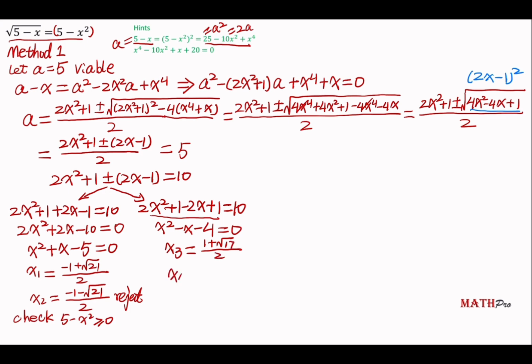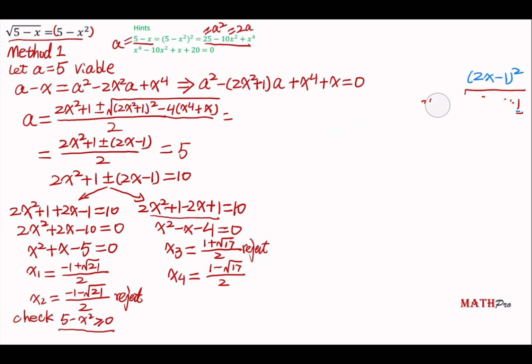And then x4 equals (1 minus square root 17) over 2. And then the same thing, we need to check here, and we need to reject this one. So the correct answers are x1 and x4. Okay, let's see the next method.